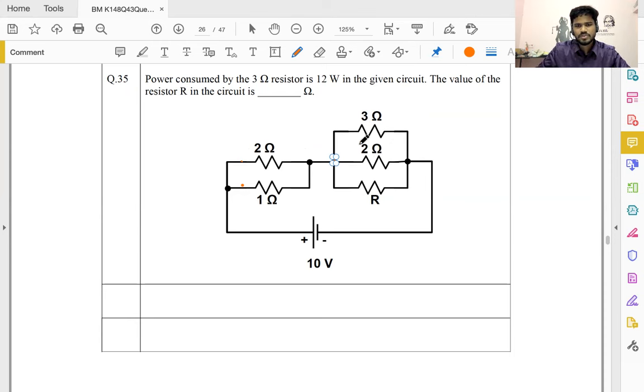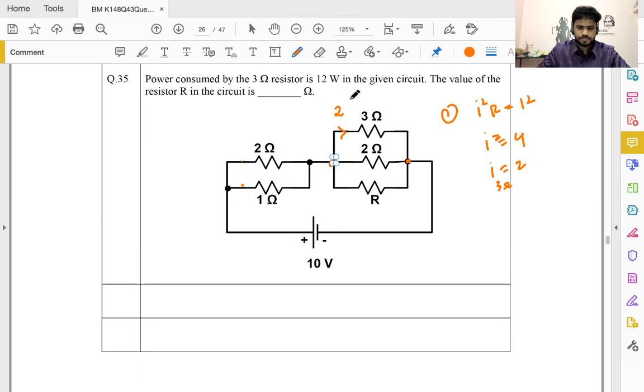So first thing to do is to find this voltage. Towards that, your I square R is 12. I square is 4 for this 3 ohm. So I is 2, we have 2 amps flowing there.